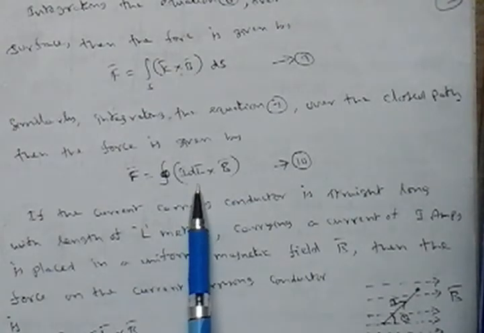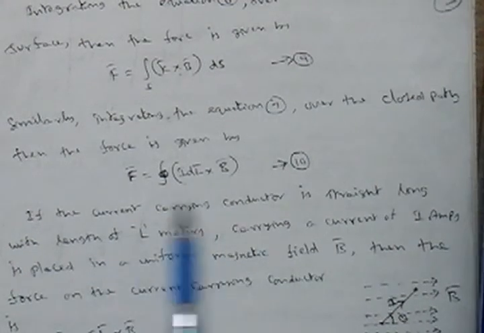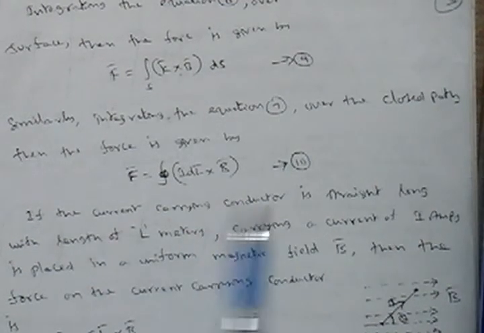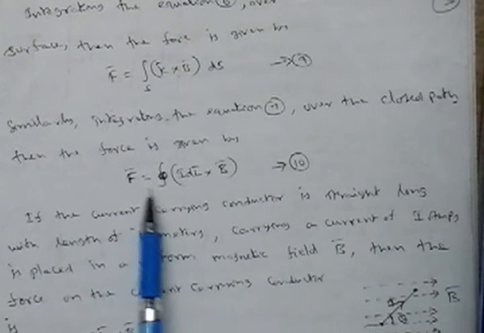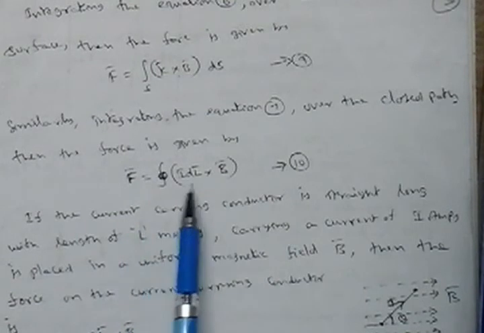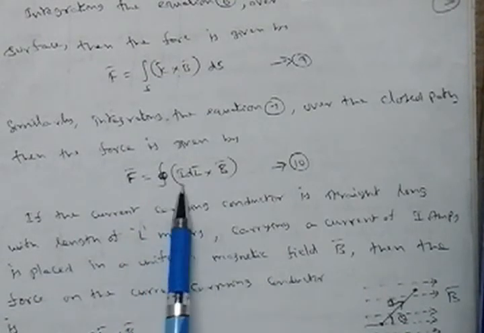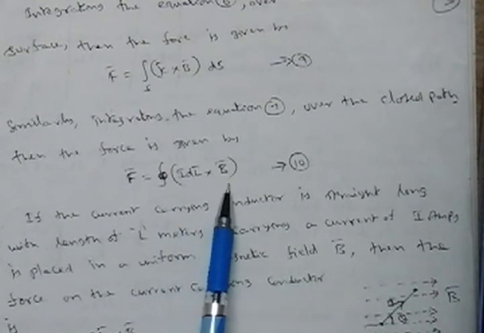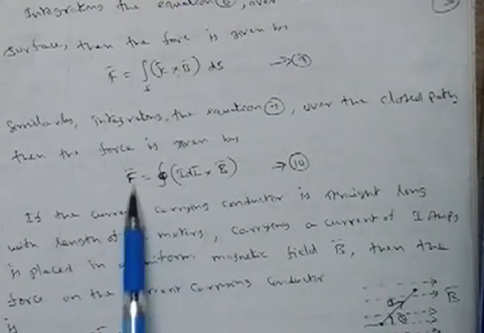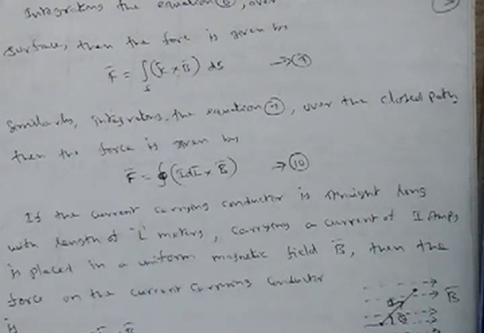One is with respect to differential volume, one with respect to differential surface area, and another with respect to differential length only. This equation we are going to use frequently for solving problems: F is equal to the line integral of I dl cross B bar. I means current, dl means differential length, B bar means magnetic flux density. This is the complete force equation.